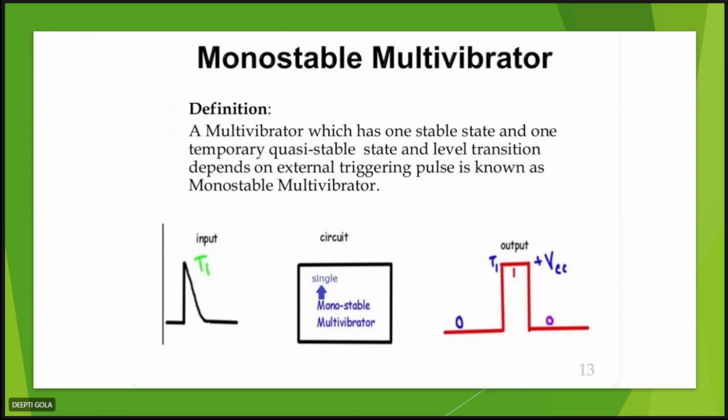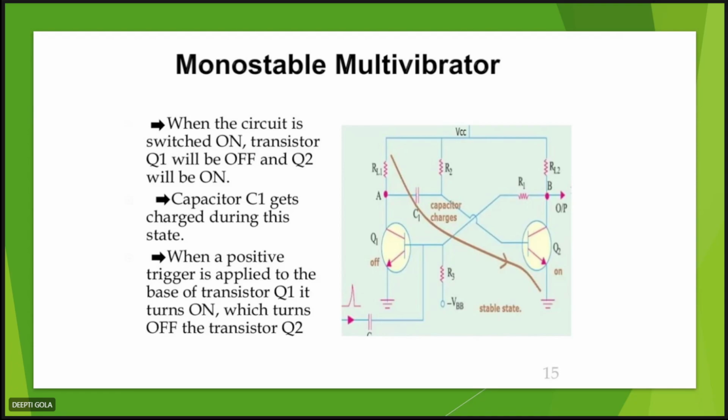So we shall see how this circuit works. The circuit is similar to the astable multivibrator circuit, but the only difference is that the capacitor C2 is absent in this circuit. Can you see the figure? This diagram is showing that at the base of Q1 there is no capacitor connected.